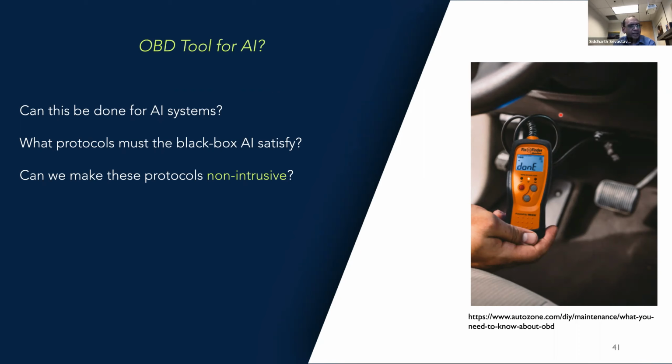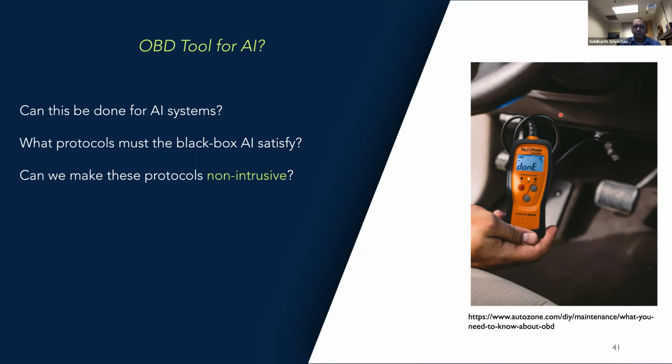It's exploiting an external interface or an external query protocol, which doesn't depend on the internals of how this car is designed. It just works with different manufacturers. So the question is, can we design something like this for AI systems? And in particular, we want to design it in a way that's non-intrusive so that the internal design of the AI system is not constrained by whatever requirements need to hold for this thing to work. So this was the question that we were working on.